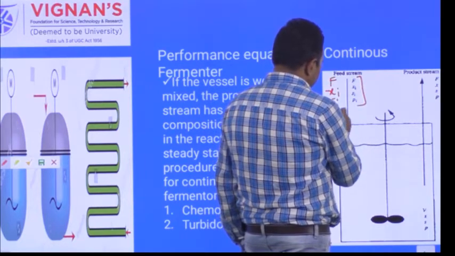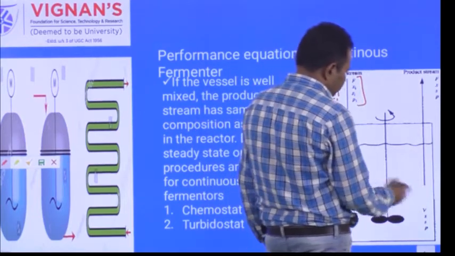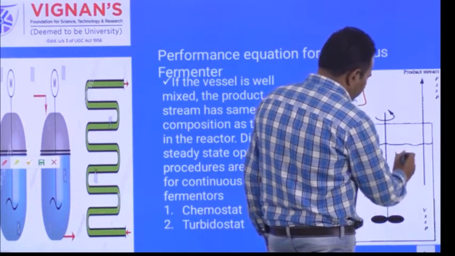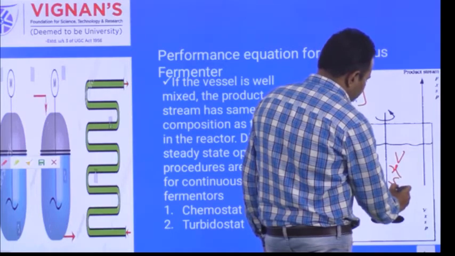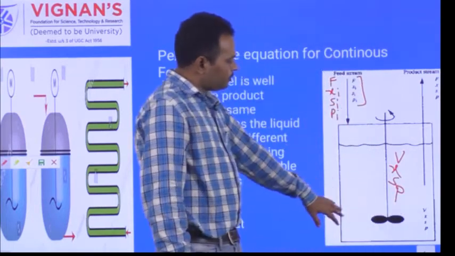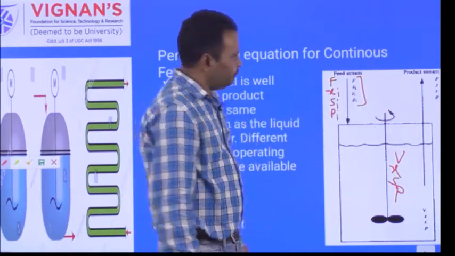Si and Pi. The continuous fermenter is similar to the MFR. This is a highly mixed fermenter. The volume of the fermentation broth is V, cell concentration X, substrate concentration S, and product concentration P. Whatever concentrations are within the fermenter, the same concentrations you get in the output stream.